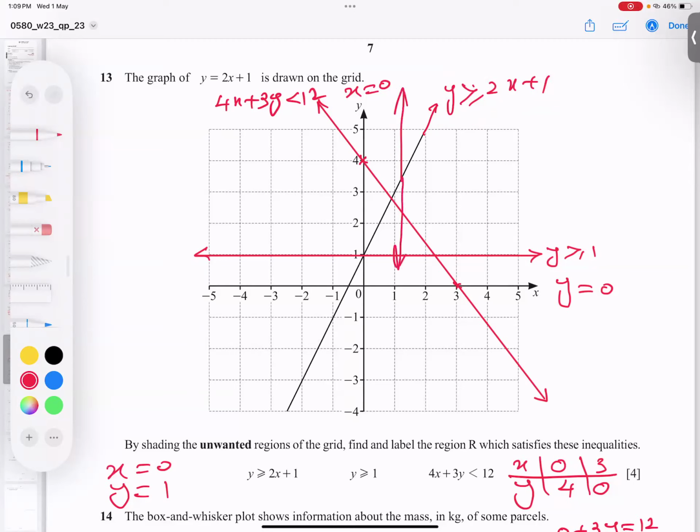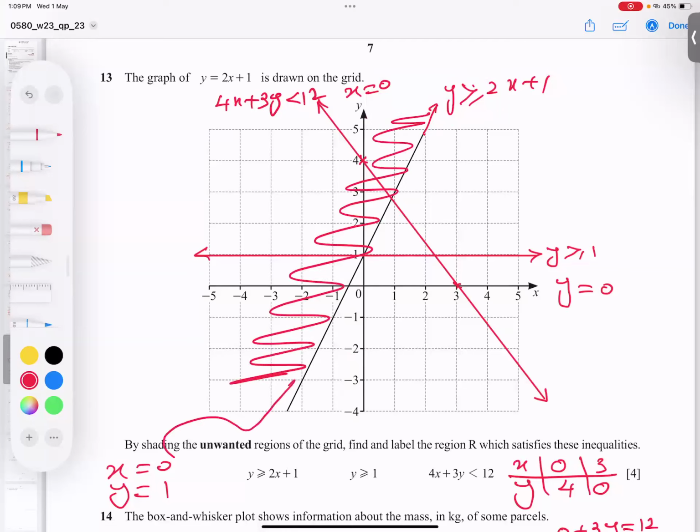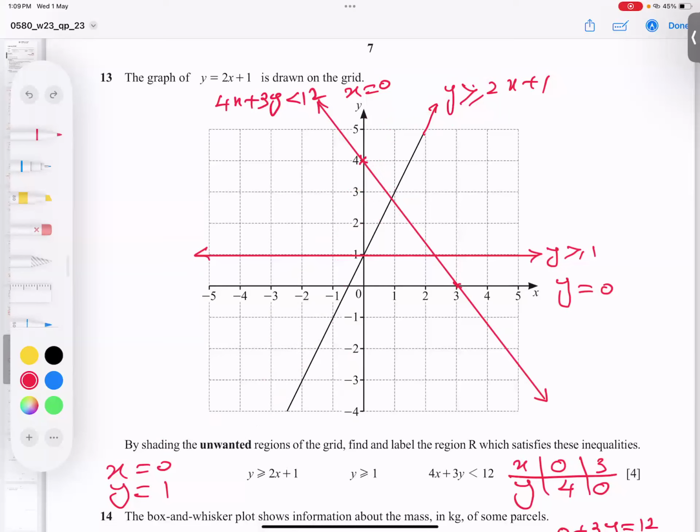Or you can do one thing: come to the line where it's cutting the y-axis, see there, above the line, y is bigger, or below the line. Common sense: above 2, 3, 4, 5, 6, y is going up, and down 0, -1. So y is bigger above the line. This is called wanted, but he shades the unwanted. So I will shade this below part.